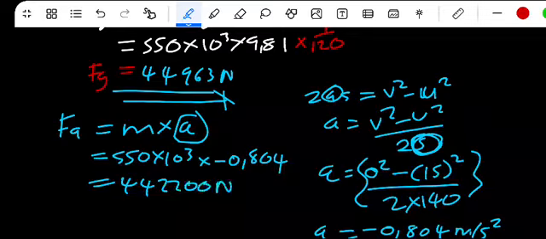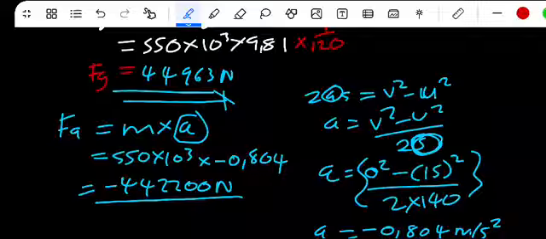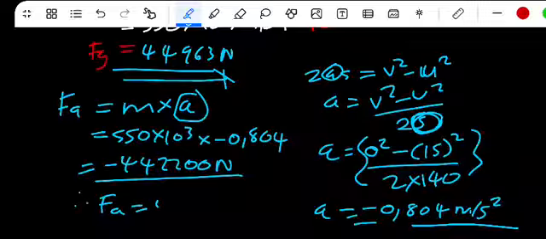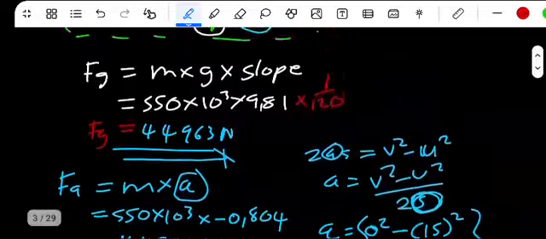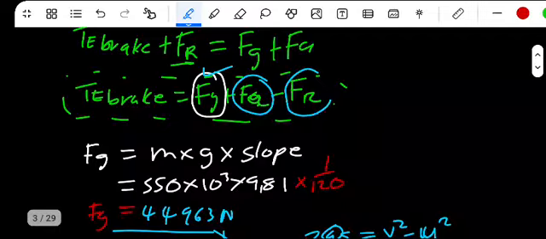Remember, you have your negative, which just shows that it's decelerating. So you can just say therefore FA will be positive 44220, and it's just showing that it's a decelerating force, nothing major. Now we must go to FR.